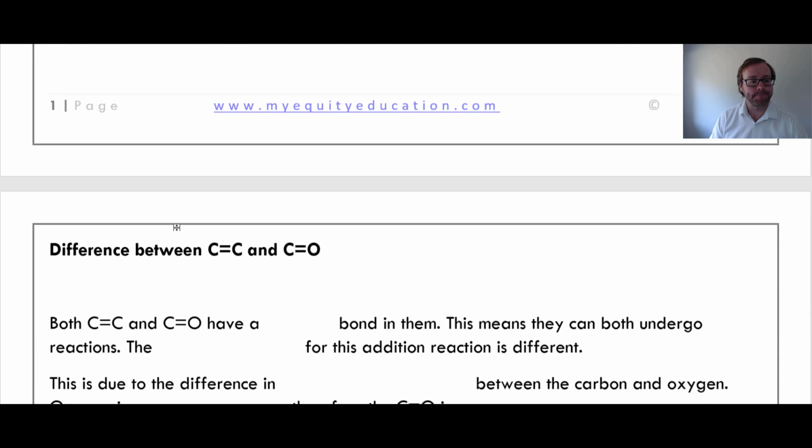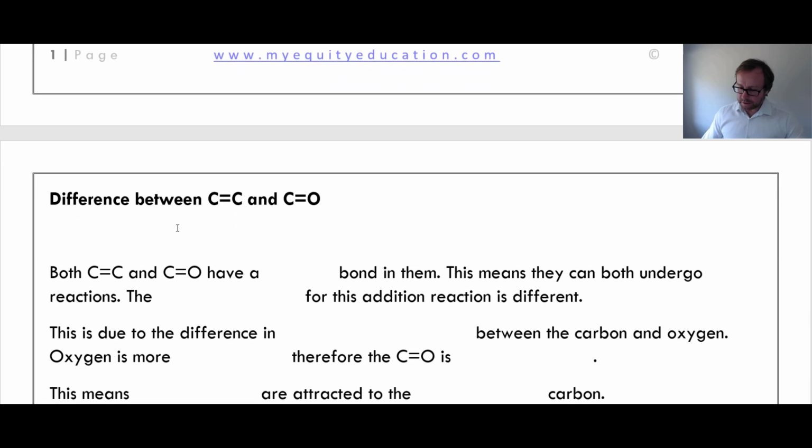Moving on. The difference between C double bond C and C double bond O. Both have a double bond, unsurprisingly, because I keep saying it. This means they can both undergo addition reactions.